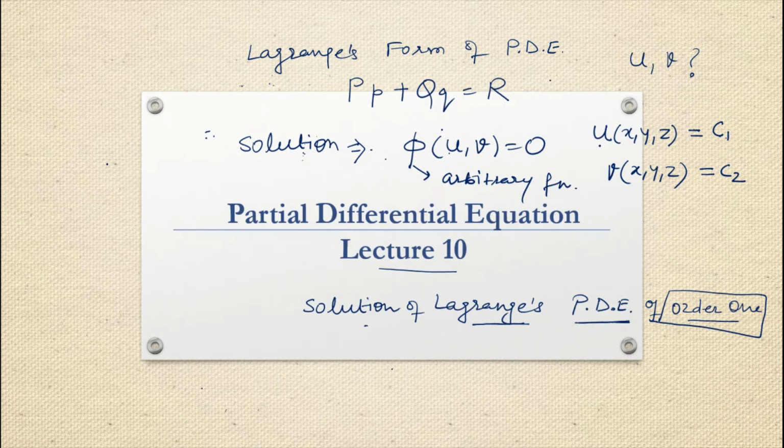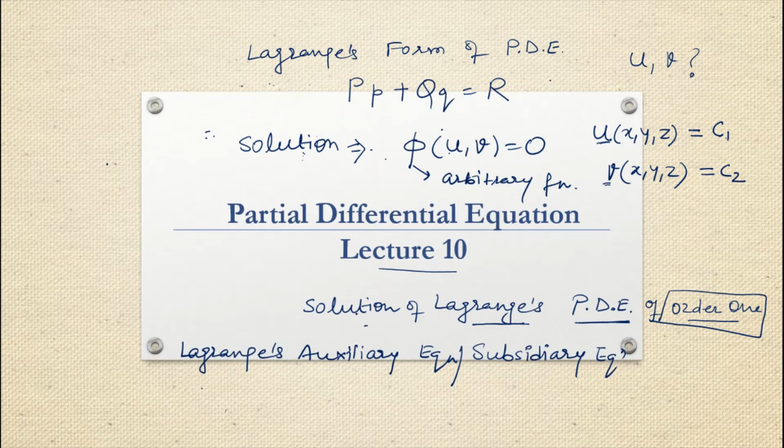This u and v we actually get from Lagrange's auxiliary equation, or Lagrange's subsidiary equation. Just as we understood that a specific form is called Lagrange's form of partial differential equation, similarly we have a specific system of auxiliary equations given by Lagrange.